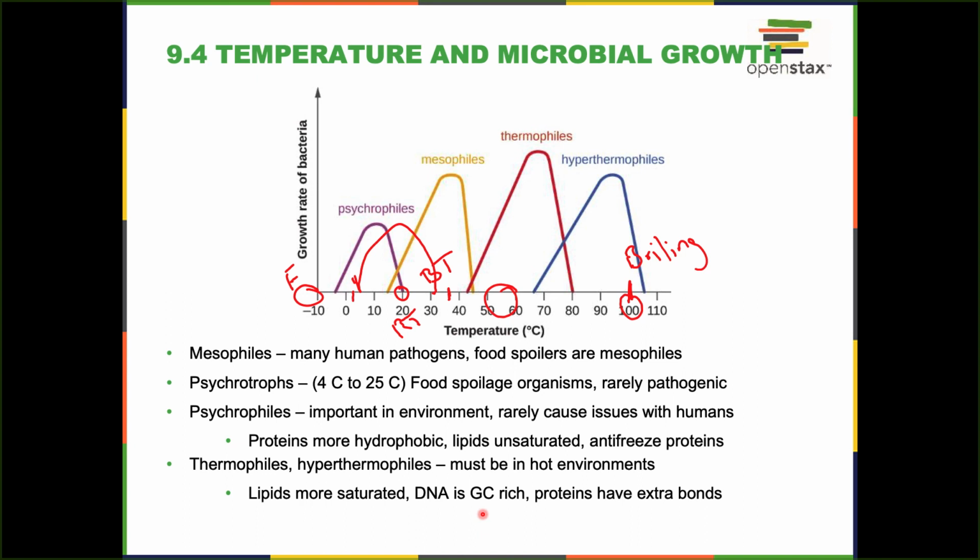Anyone remember? Yes, if you said that GC forms 3 hydrogen bonds as opposed to our ATs, which form 2 hydrogen bonds, you would have been correct, right? So remember, more hydrogen bonds means that the DNA is less likely to denature, right? So they tend to be rich in GCs, which keeps them from denaturing at high temperatures, right? And then proteins will have extra bonds in there, again, to help keep them from denaturing.